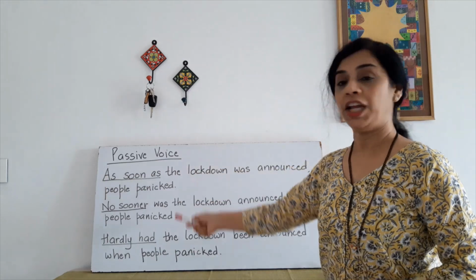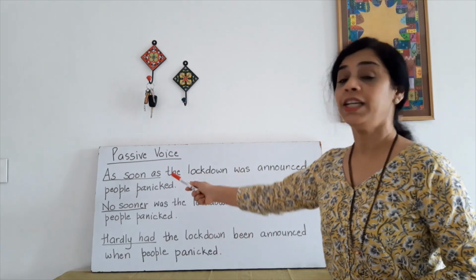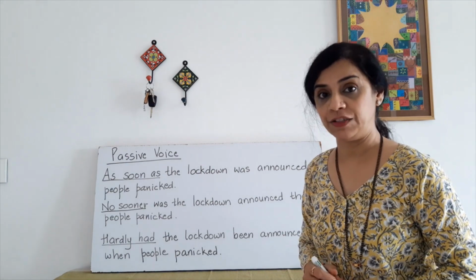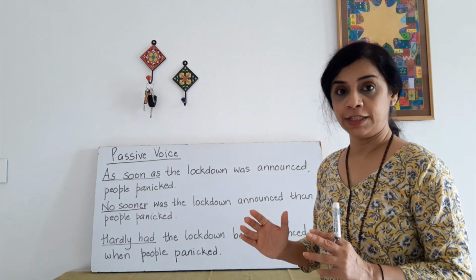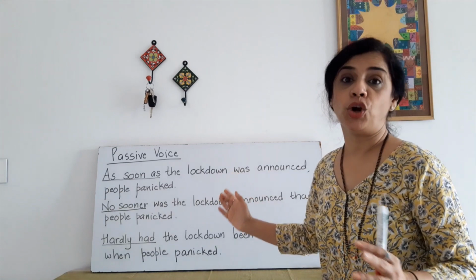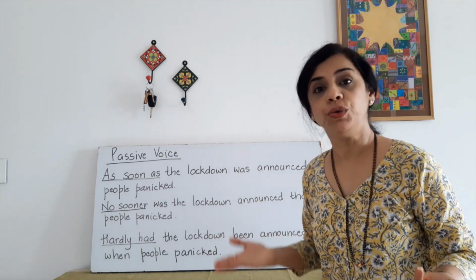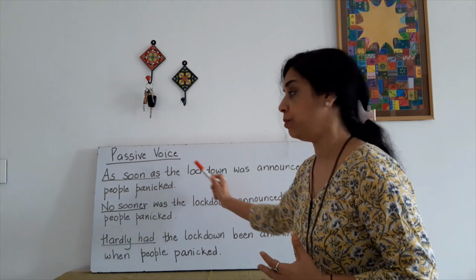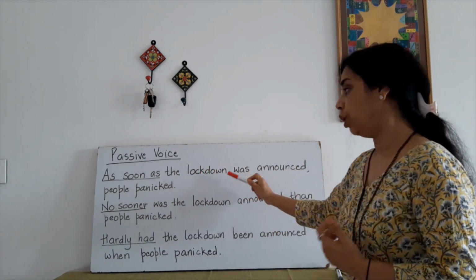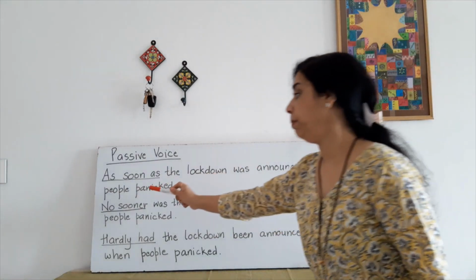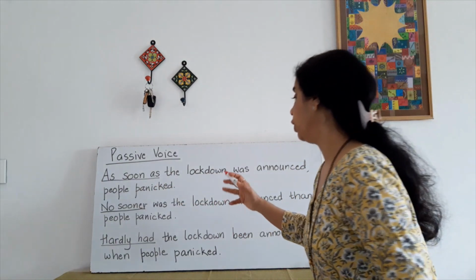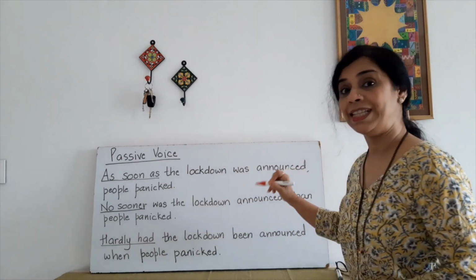Students, check these sentences. Now this sentence is in the passive voice and not in the active voice. In the passive voice, there might not be a doer or a subject. So, here there is no subject. As soon as the lockdown was announced, people panicked. So, was announced. It's in the passive voice.